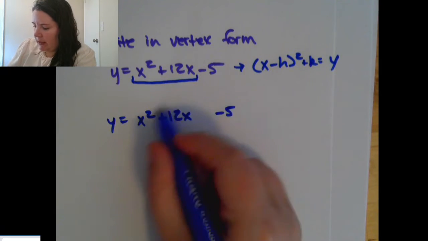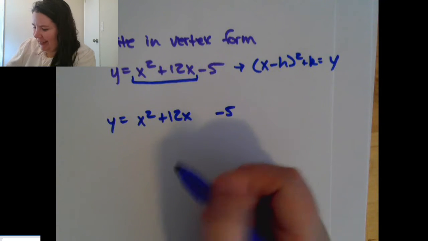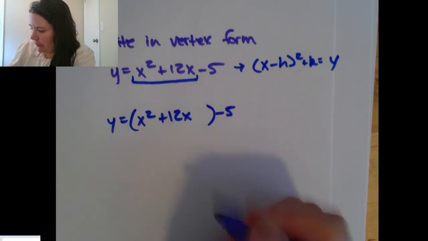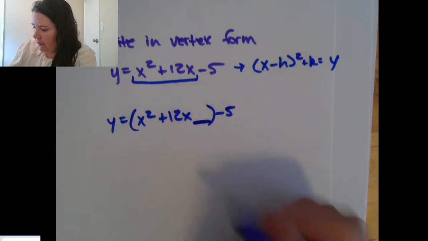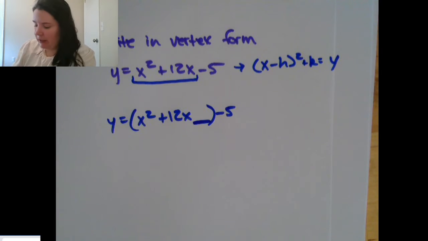In order to make this a perfect square, I need a perfect squared trinomial. I need something to be right here to make that factorable in a perfect way.